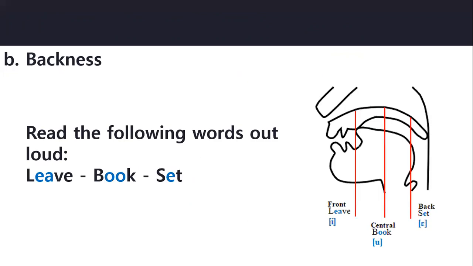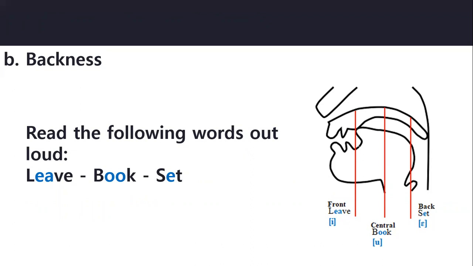Next one is backness, and consider the following words. And again, as in the previous courses, feel free to read along with me. Leave, book, set. Leave, book, set. Notice here that in the first word, while pronouncing E, the tongue is leaning forward, while when pronouncing U in book, the tongue is leaning backwards.